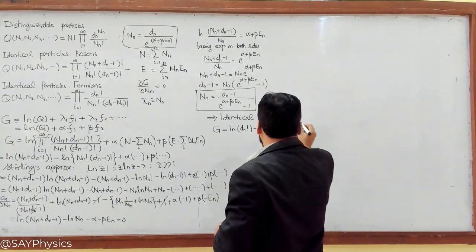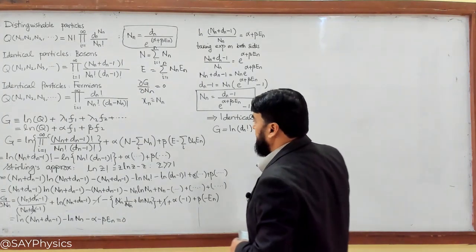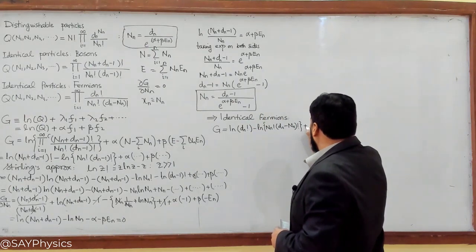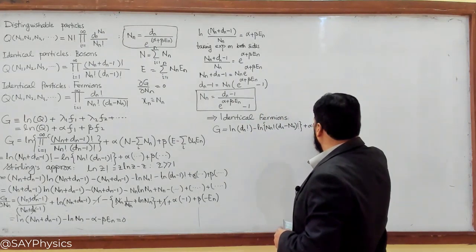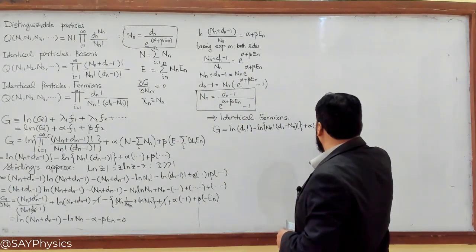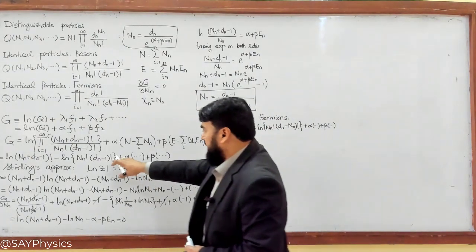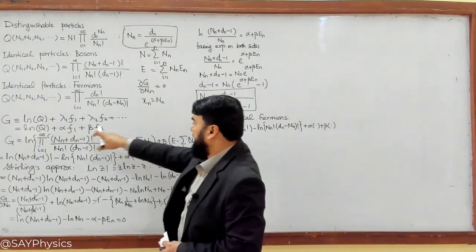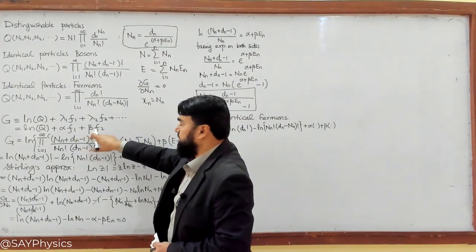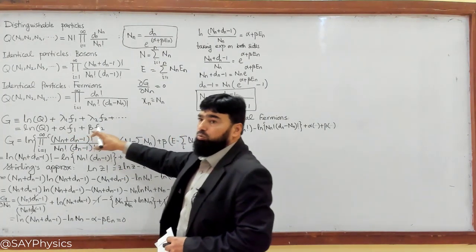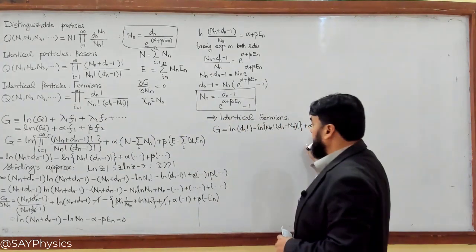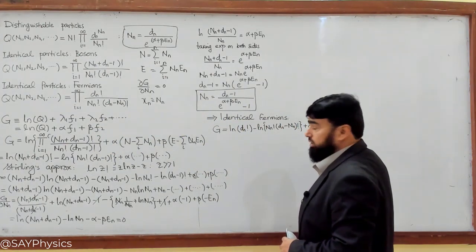So this is the first step, and then plus alpha times the constraint and beta times the constraint. Just like this one, you will write alpha times the constraint, beta times the constraint. We will utilize those values in the derivative, so I'm writing it as it is.